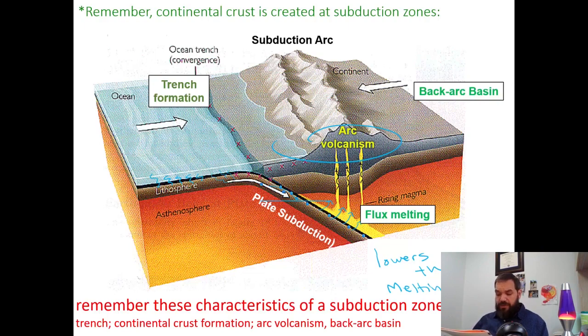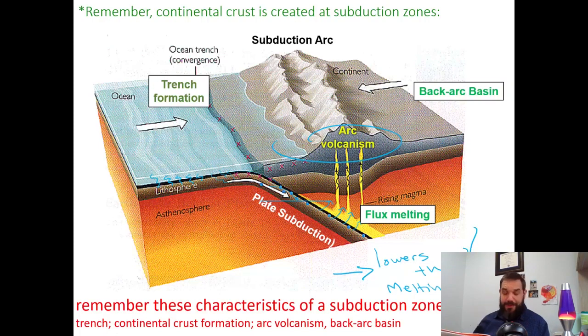Okay, so when ocean crust is subducted into the mantle, does it contain water? Yeah. What happens to the water when the plate subducts? It gets pushed out. The high pressure and high temperature drives the water out of the plate. What effect does that have on the hot mantle rocks? It lowers, right there, you got it on the screen, lowers the melting temperature of the mantle.